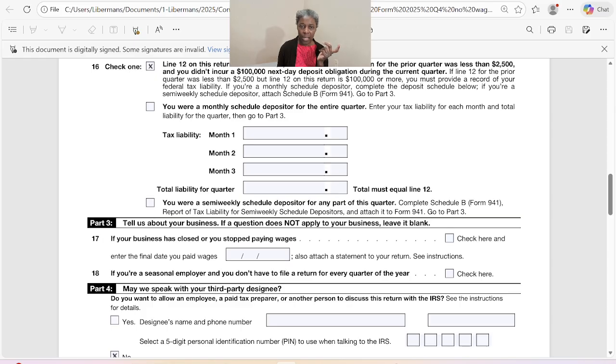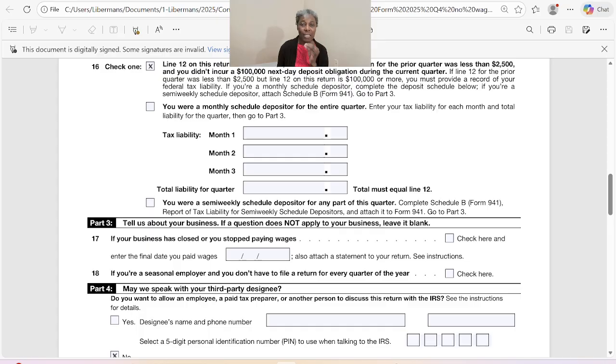They say to check that box and put the date it closed, and attachments related to where the payroll records for the business are going to be kept and who is going to keep them. So that person's name, address, phone number, and things like that. Otherwise, you leave it blank like the way we did in this instance.